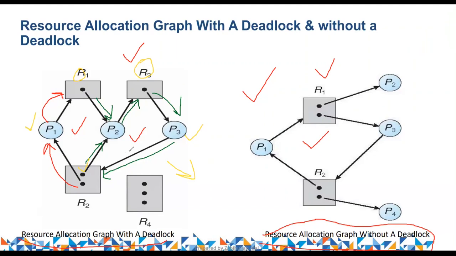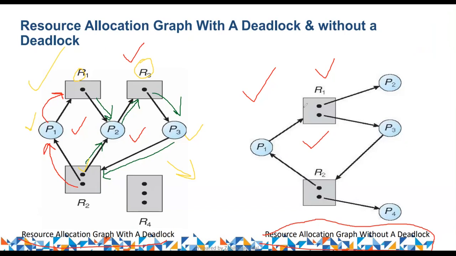Why are we using "may"? Because if P2 is not shut down or killed by the operating system, then P1 and P3 will remain in a confirmed deadlock for an unknown time. So in this diagram, we have deadlock. But in the second diagram, there is no deadlock. Why?